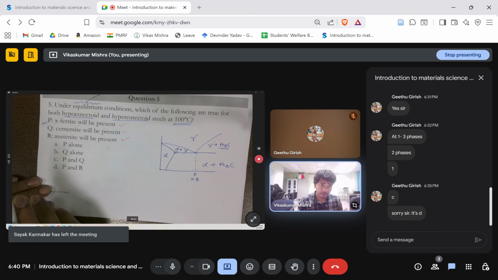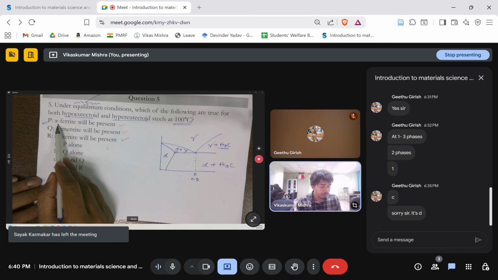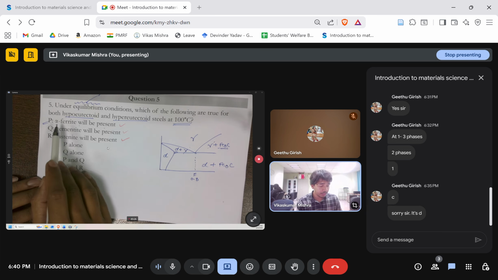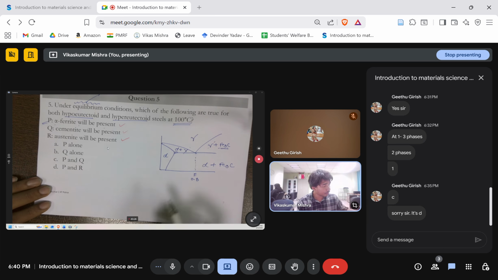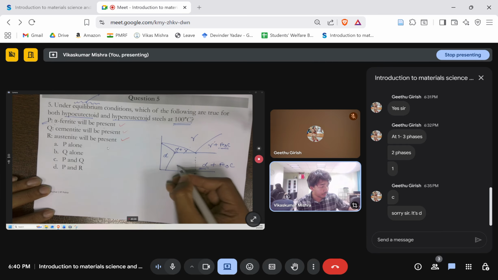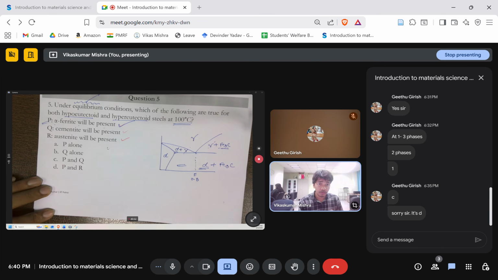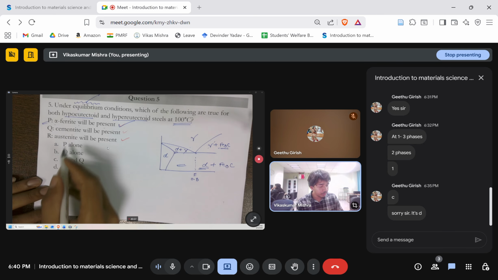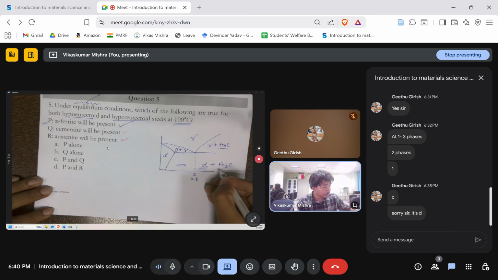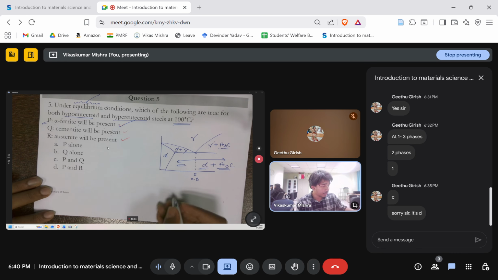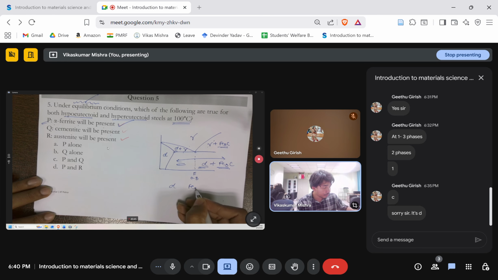In both the cases, option A says that alpha ferrite will be present. So we have alpha ferrite in both the cases. That is true. From the phase diagram, we are able to answer this. Second one, cementite will be present. Cementite is also present. So throughout this particular range, we have alpha ferrite and we have cementite.